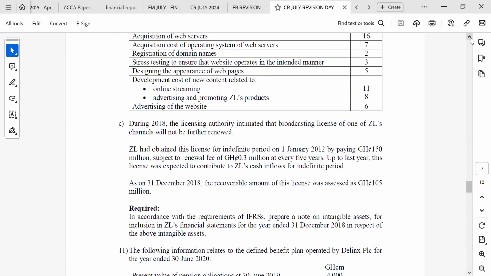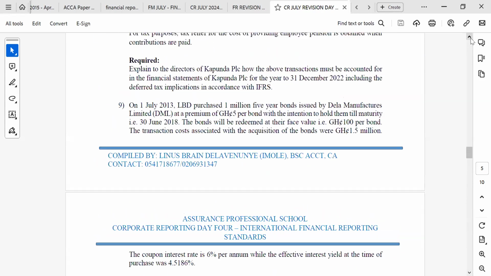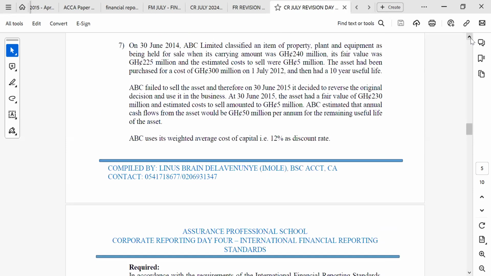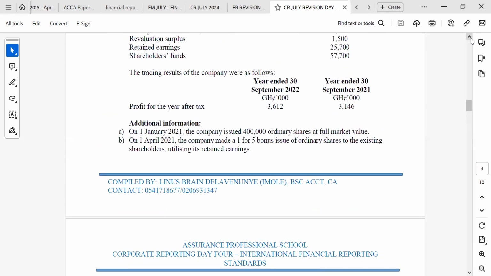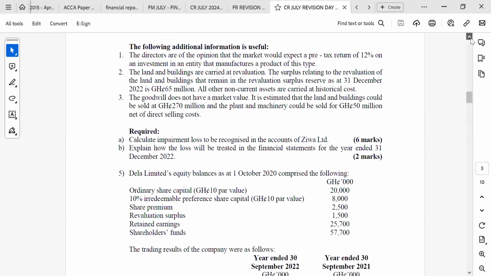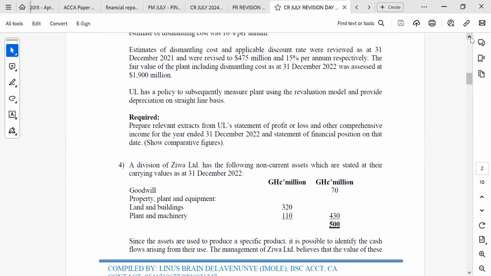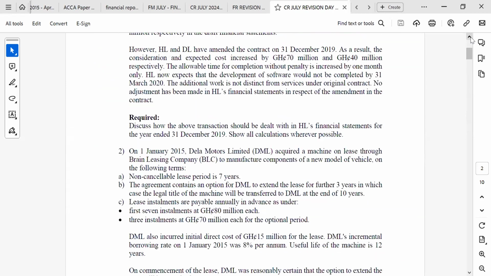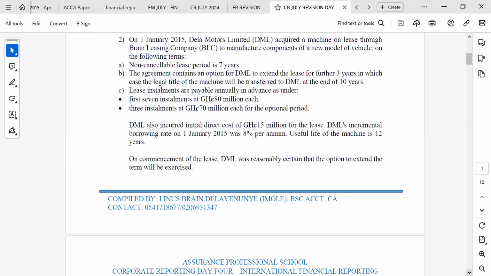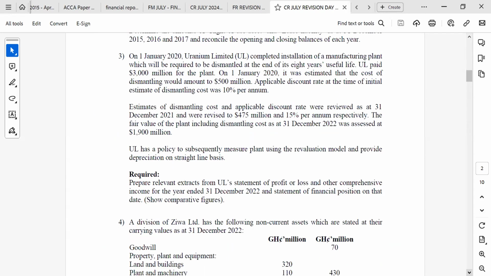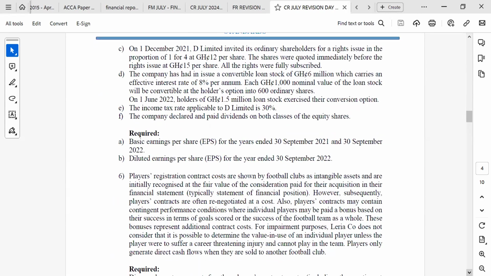We have solved one question on that, along with the joint arrangement and the segmental analysis. There's a video where we solved a question on the impairment of a subsidiary. So please, let's look at that. The time is not there, but I'll try to solve this one.